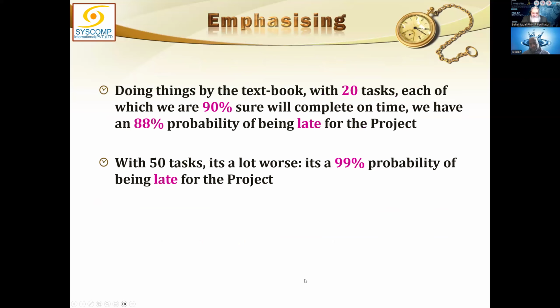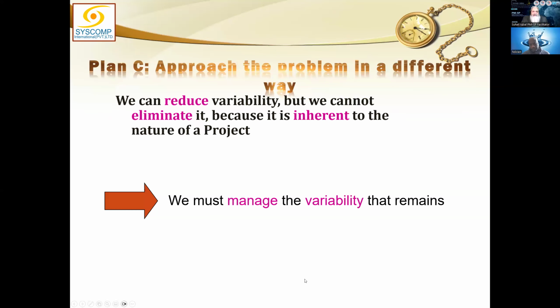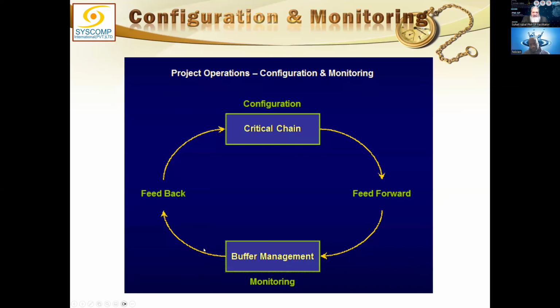I'll skip a couple of slides to take you directly to the critical chain philosophy. In project operations, what does it happen? When we use critical chain method, that is a mechanism by which we calculate the buffers, and those buffers actually help us monitor things.